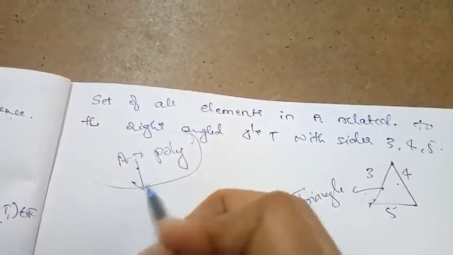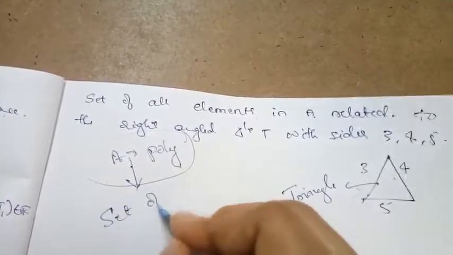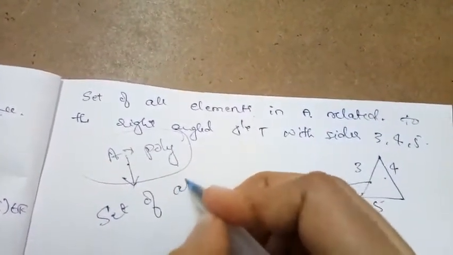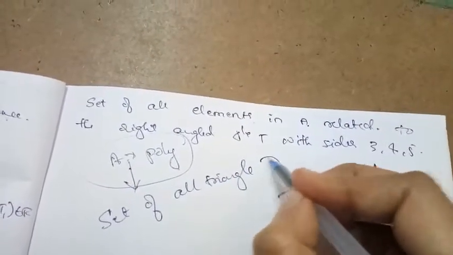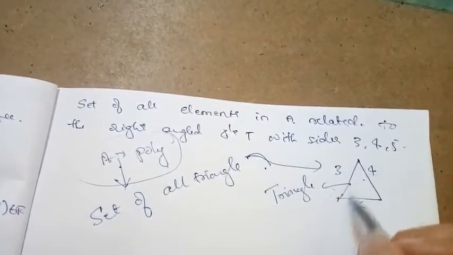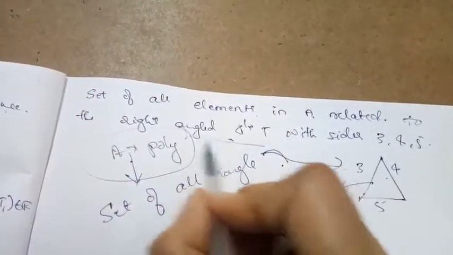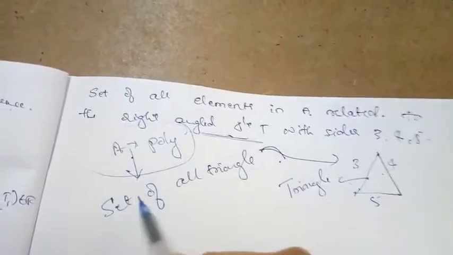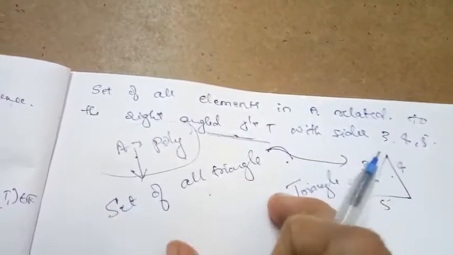So from the set of polygons, we are going to get the set of all triangles which are related to the triangle T, the right angle triangle 3, 4, 5. Even though they have mentioned a specialized right angle triangle, from the set of polygons we are not only taking the set of right angle triangles.